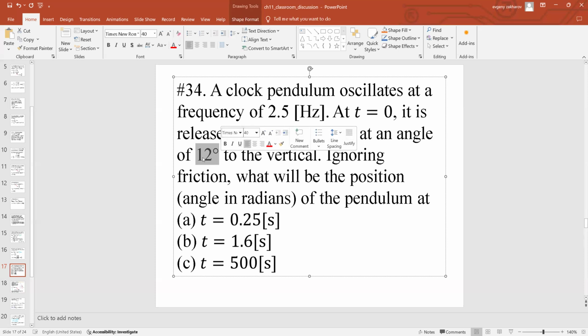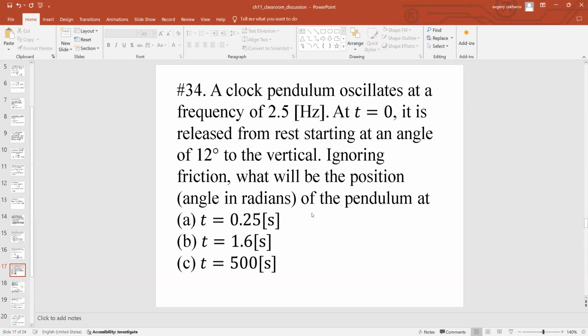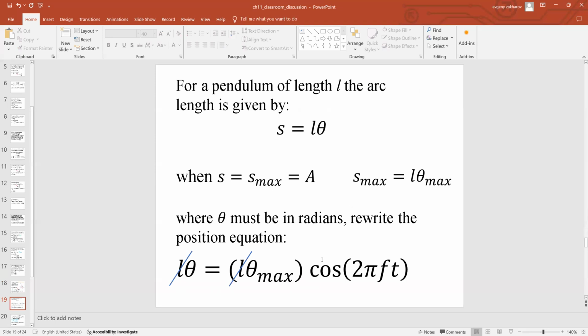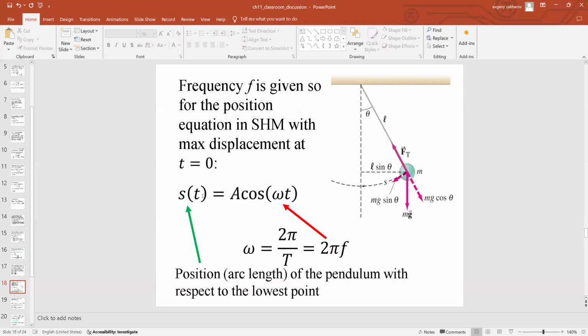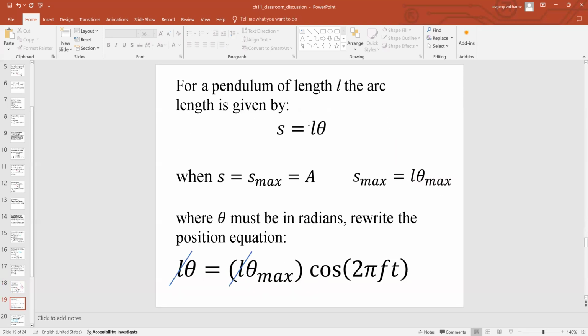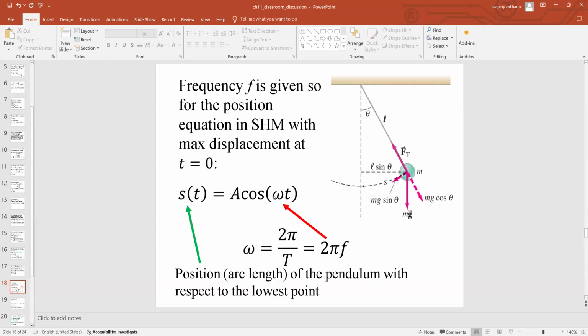Be careful, you cannot do degrees, you have to do radians, of course. You have to convert it into radians. Theta must be in radians. So your S of t is just L times theta on the left, and it's a cosine omega t.